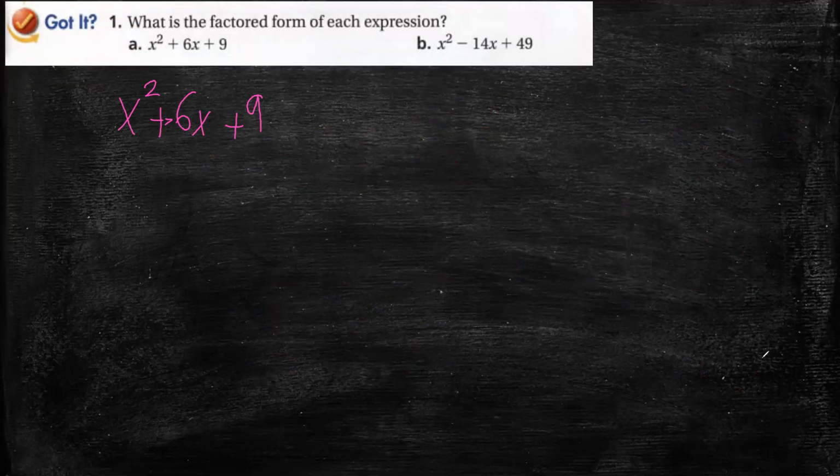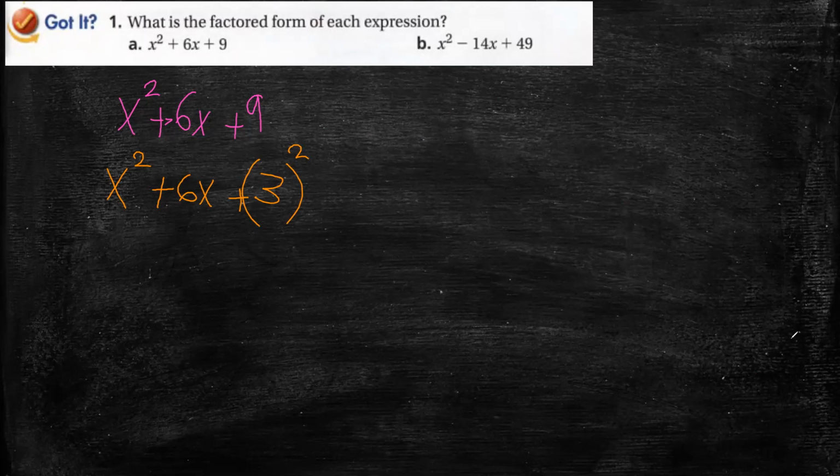Yes. Plus 6x. Now I will look at number 9. Is number 9 a perfect square number? Yes, 3 multiplied by 3. It's 3 squared.